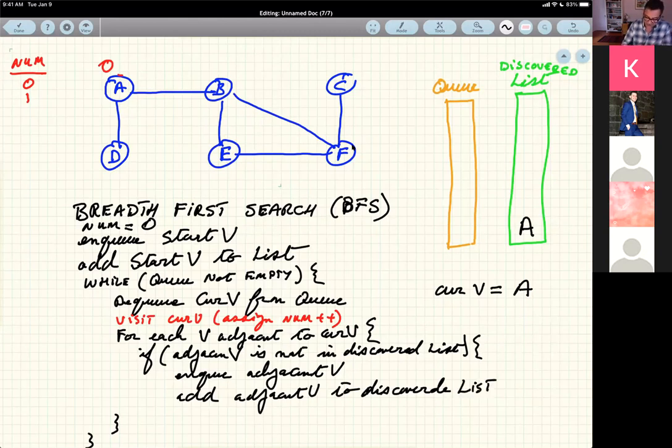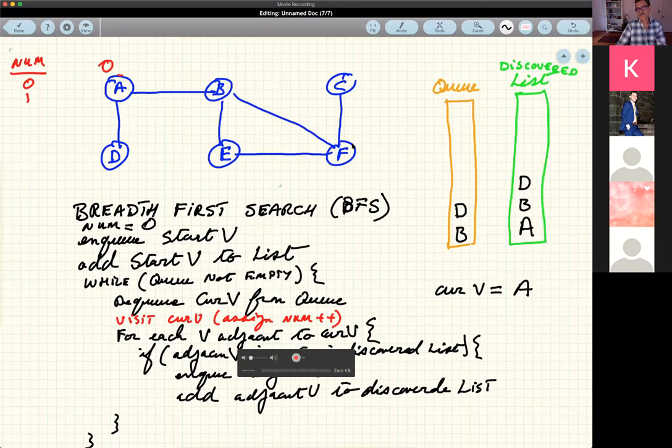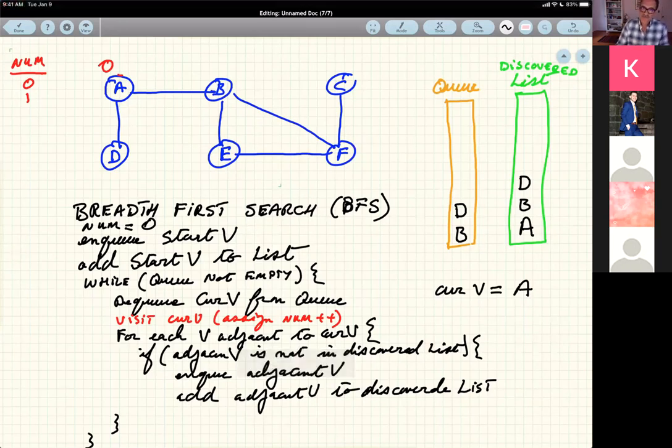So the two vertices that are adjacent to A are B and D. So I'm going to put them in the queue, B and D, and I'm going to also put B and D in the discovered list. So we're good so far?